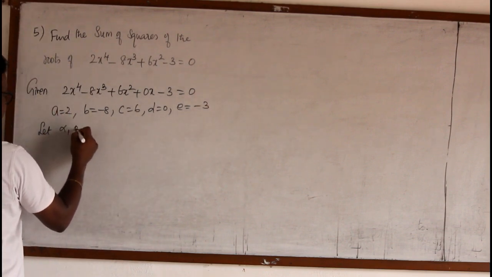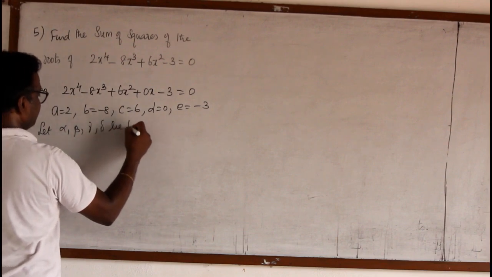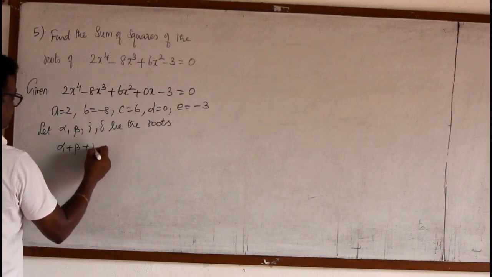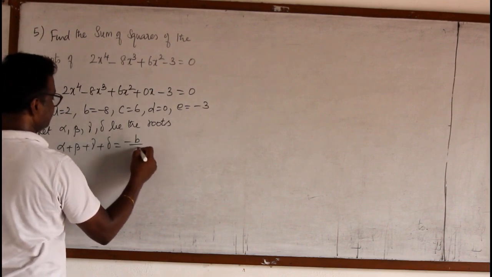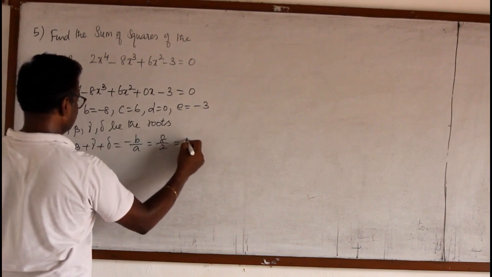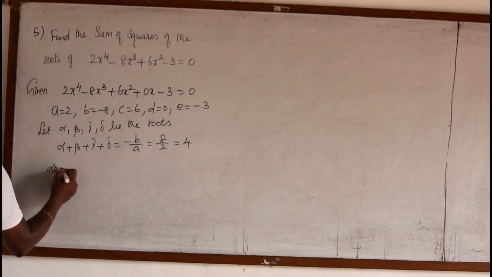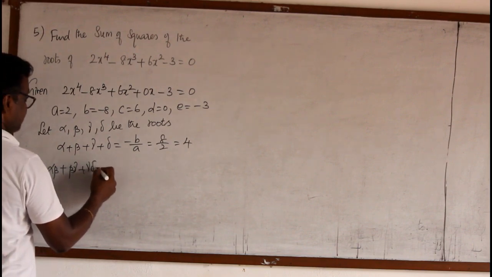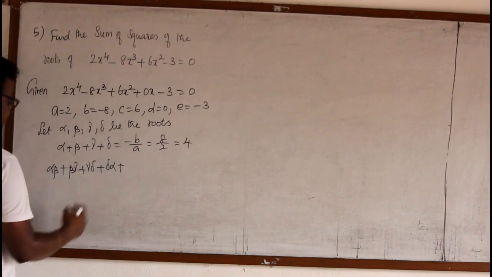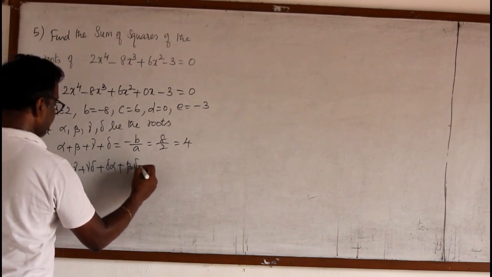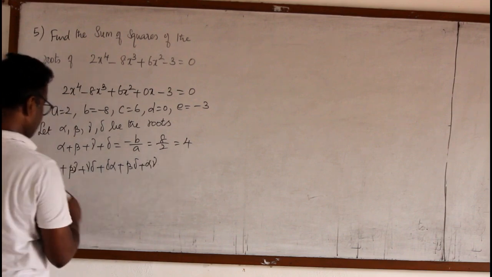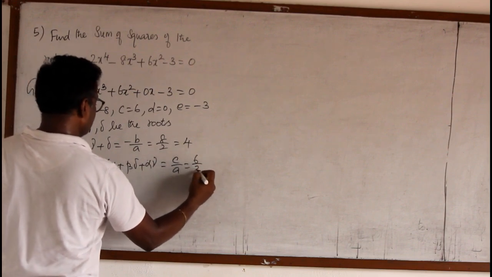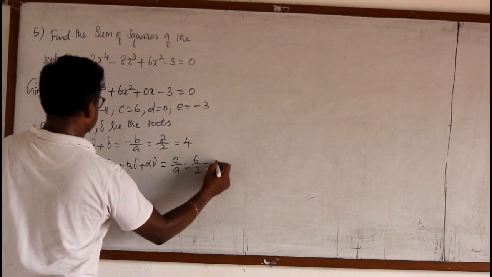Let alpha, beta, gamma, delta be the roots. Then alpha plus beta plus gamma plus delta is minus b by a, which is plus 8 by 2, which is 4. Taking sum of the product of two roots, alpha beta, beta gamma, gamma delta, delta alpha, beta delta, alpha gamma, 1, 2, 3, 4, 5, 6, which is plus c by a, 6 by 2, that is 3.